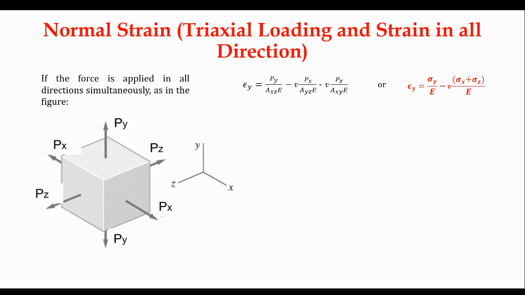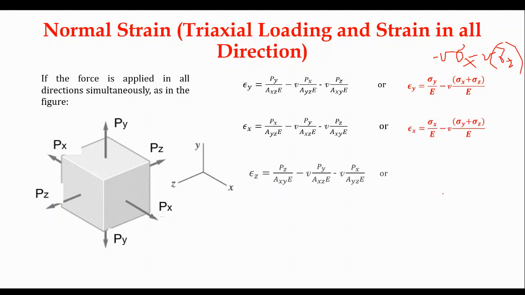But actually, kana siya is Poisson's ratio times sigma x minus Poisson's ratio sigma z. So, gigawas man ang Poisson's ratio. Alright, so this is how you solve the strain in all directions given that the loading is triaxial.